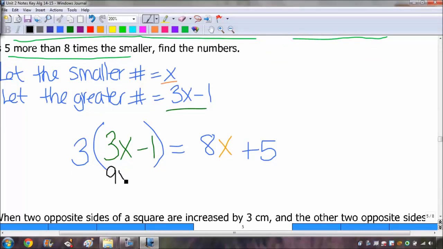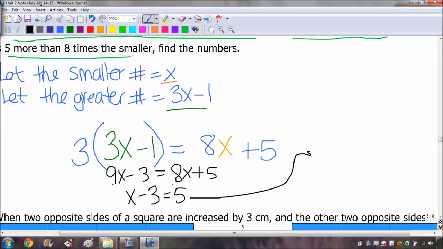So this becomes 9x minus 3 equals 8x plus 5. I can subtract this 8x from both sides, right? So I end up getting 9x minus 8x is 1x. Minus 3 equals 5. Then I can add the 3 to both sides, so I end up getting x equals 8.